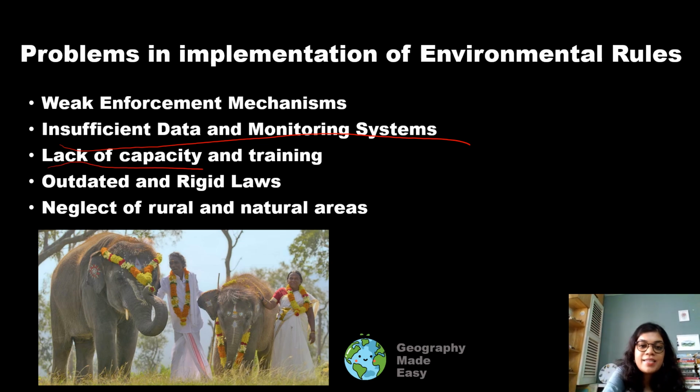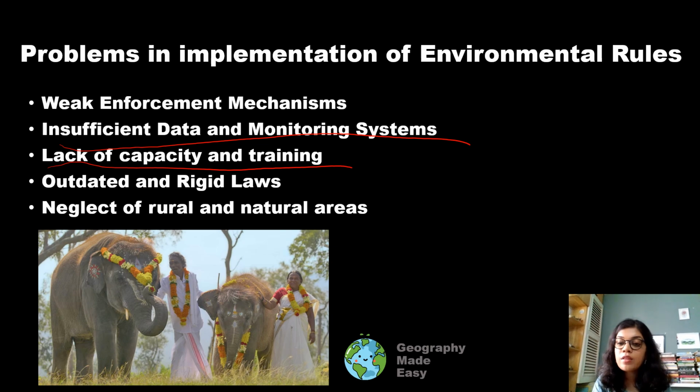Lack of capacity and training, this is a fallacy on the part of the government, but this again can be overcome. Outdated and rigid laws, yes. A law which is existing in India from the British times, from the colonial period, makes no sense in the current world because things have changed and shifted. So that is also another problem.